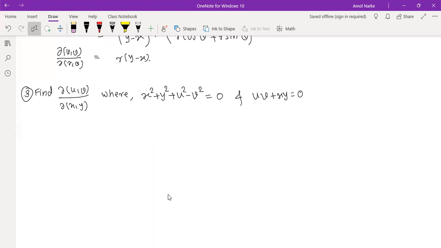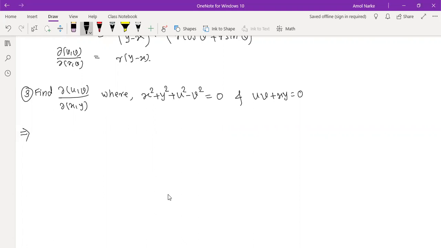Now they have given such kind of function. You wanted to find the Jacobian of u, v with respect to x, y. So what do you think initially? You think you need to convert u and v in terms of x and y. But when you try to convert u and v in terms of x and y, it is a little bit time consuming and sometimes it is not possible.